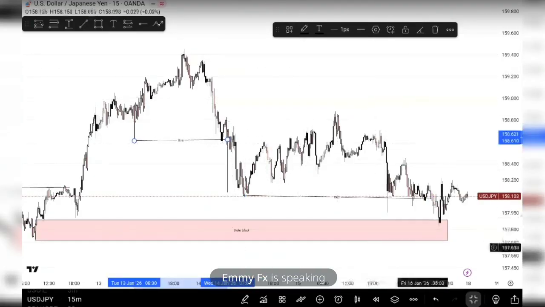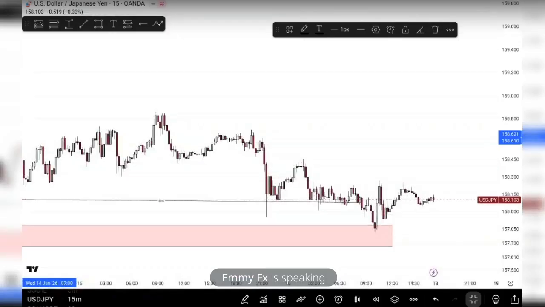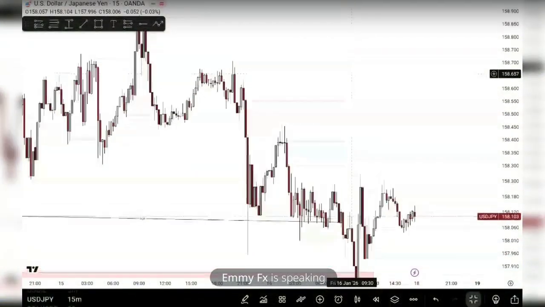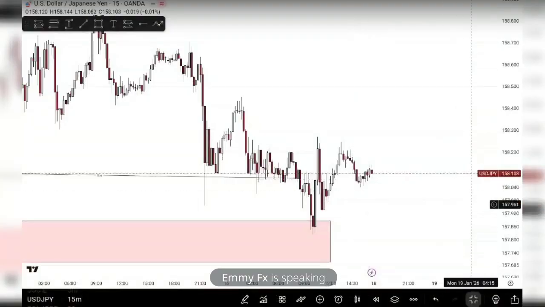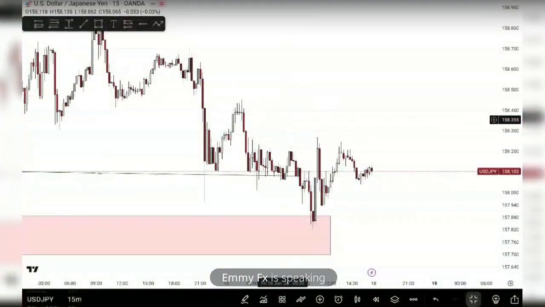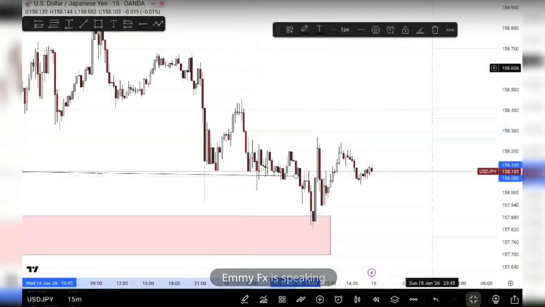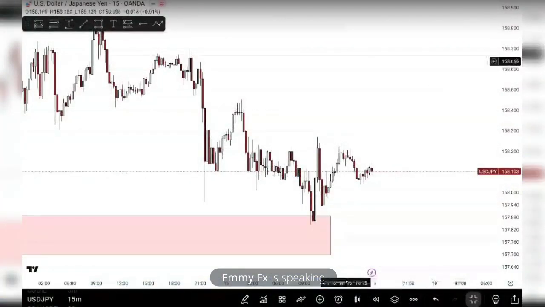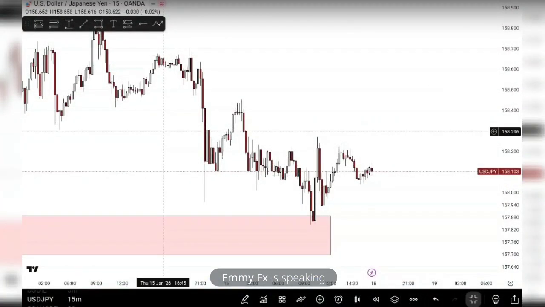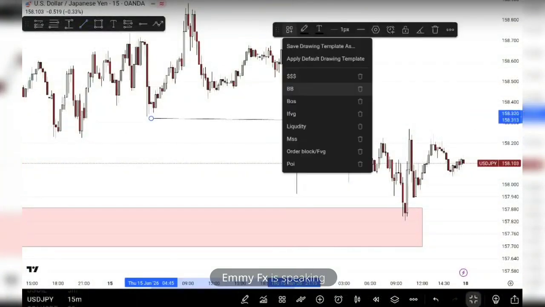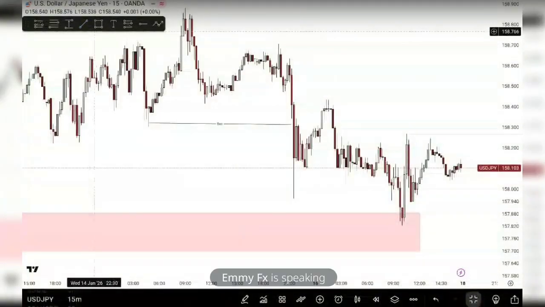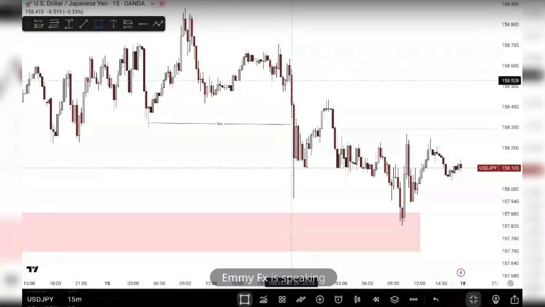Let's zoom in. If we want to say where's the order block that causes this move, let me remove this structure. We have a break here, so price neglected to tap this order block.